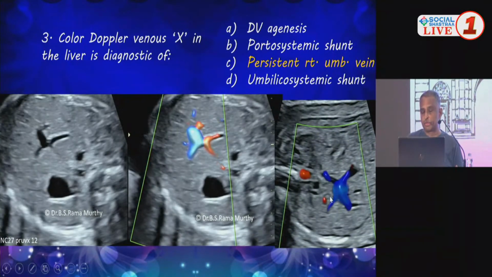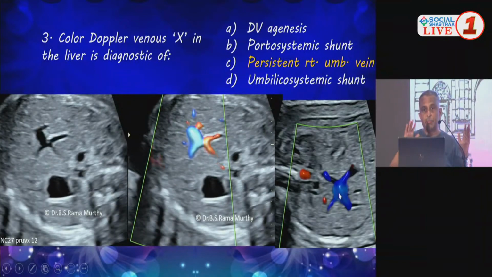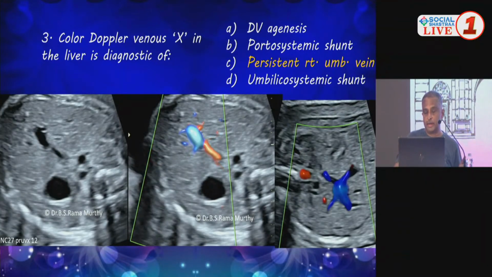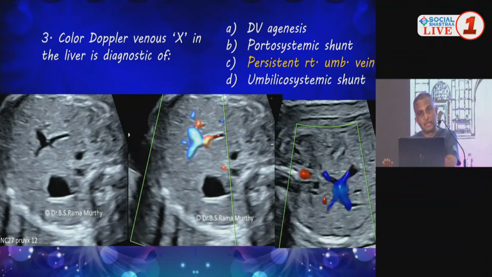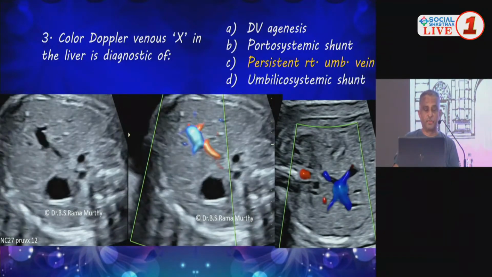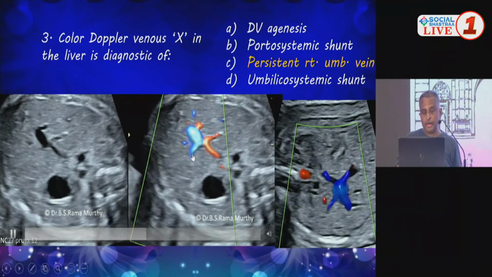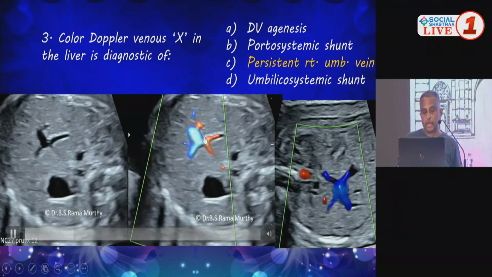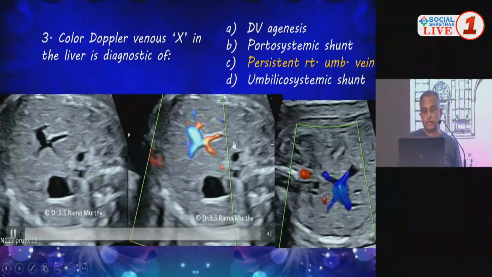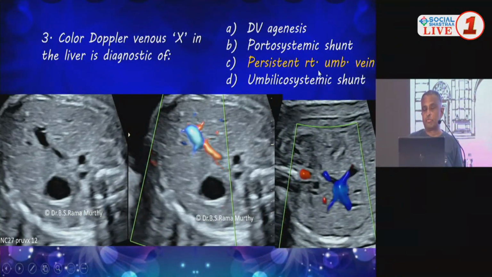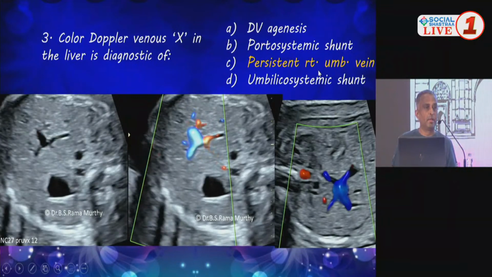Both the limbs of the X are all the same color. It's blue or red, depending upon whether the liver is far side or the stomach is far side. Here you have one limb of X in blue, the other limb in red, and this is classical of a persistent right umbilical vein, right?